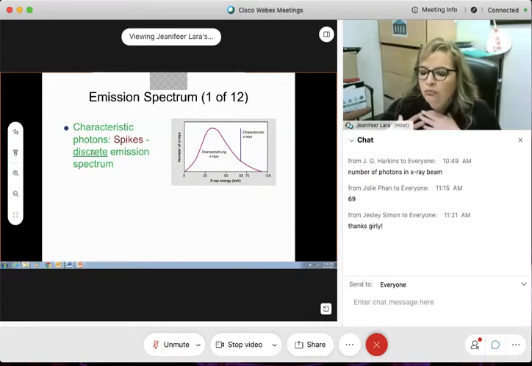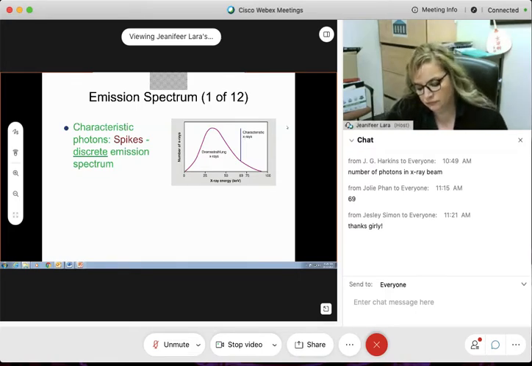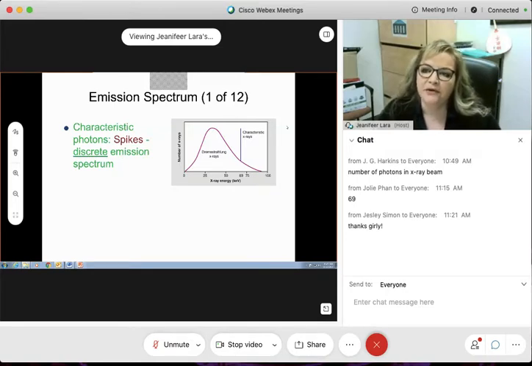How would we know what the characteristic X-rays are? How would we know that? Haven't we talked about that already? How would we know what the values of each photon would be? Theoretically speaking. Theoretically. We've covered it.